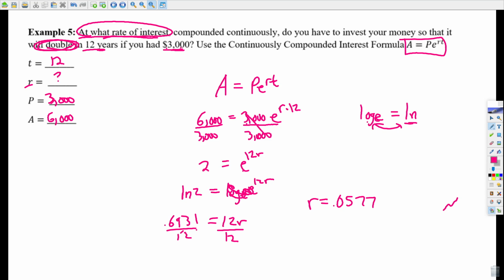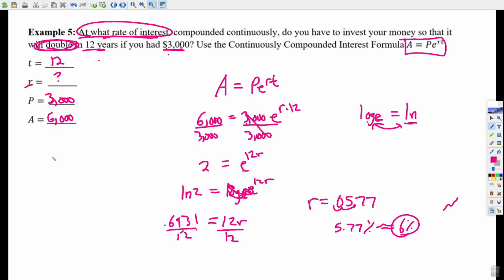So this would be the rate that you would need, although it's not as a percentage, so I'm going to change that too. As a percentage, we move the decimal over twice. That would be about 5.7%, or 5.77%. Doesn't matter. It's pretty close to 6%. So if you were to get close to a 6% interest rate, you would double your money from $3,000 to $6,000 in 12 years.